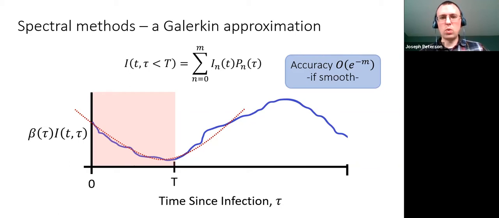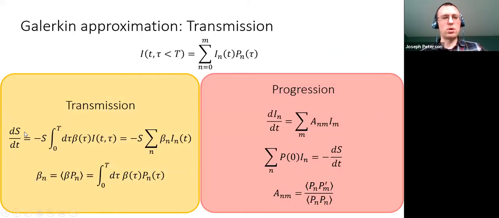Okay, so when we plug this summation into the governing equations, what we recover is dynamical equations for, over here, these coefficients. The coefficients to the polynomials get their own governing equations, and these coefficients, which are essentially transition rates from one compartment to the other, can be pre-computed as just related to inner products of these polynomial functions, right? And the same thing with the beta values for transmission.